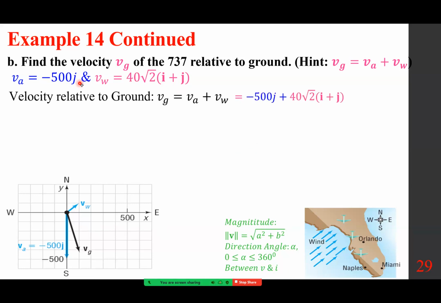Now, this one is 40 square root of 2 I, and this one is 40 square root of 2 J, with minus 500.